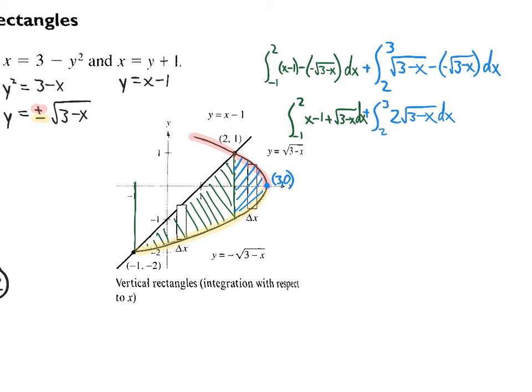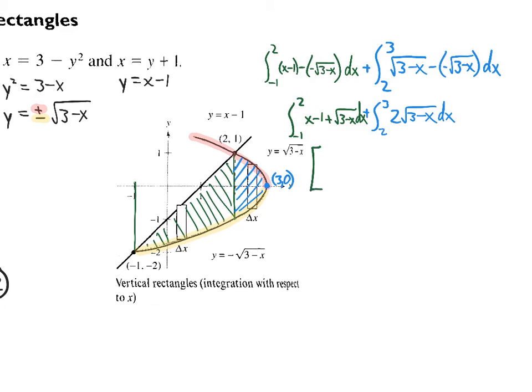So at this point, guys, you can do the integrals. Thankfully, both of those inside functions, the 3 minus x, that's a linear, so it's really easy to handle with the u substitution.